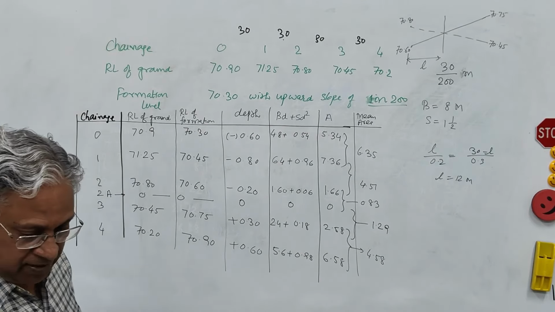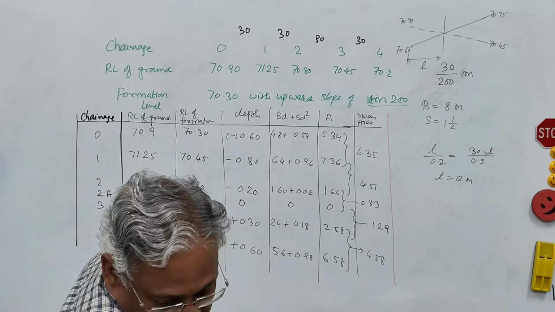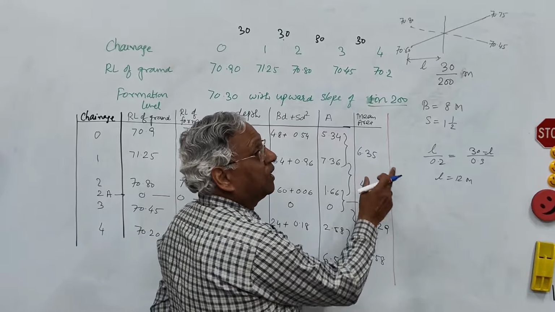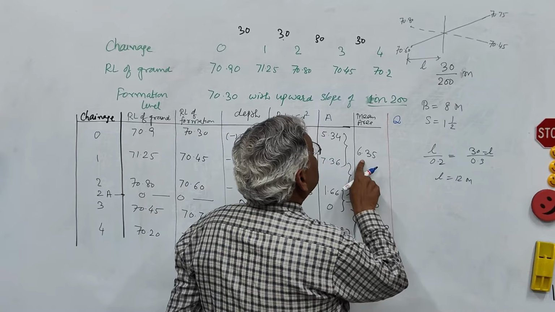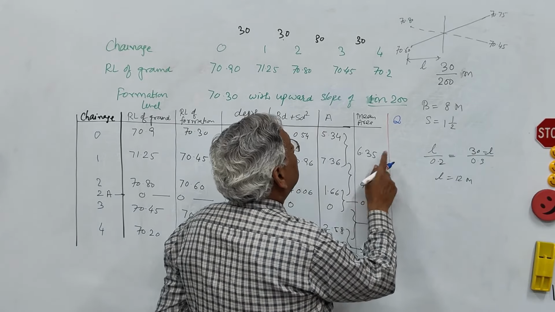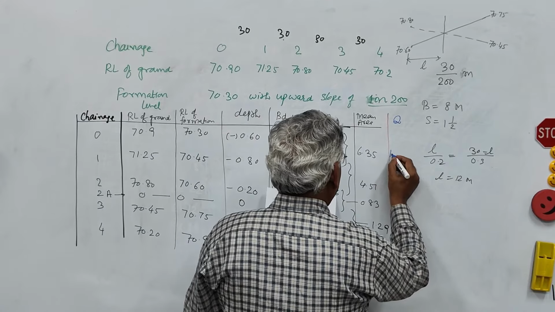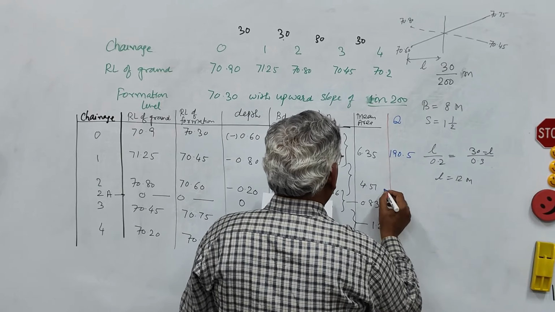Next column will be the quantity. And quantity will be mean area multiplied by chain length. So quantity in cubic meter: 6.35 multiplied by 30. So that value is now 190.5.